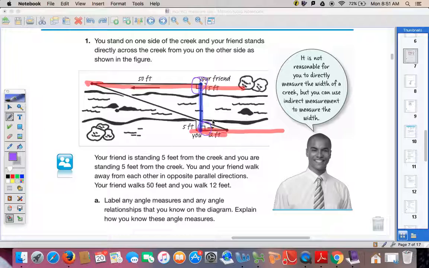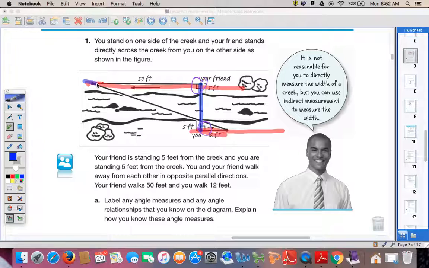So if we want to know a distance, we can see that this distance here would be considered a transversal.